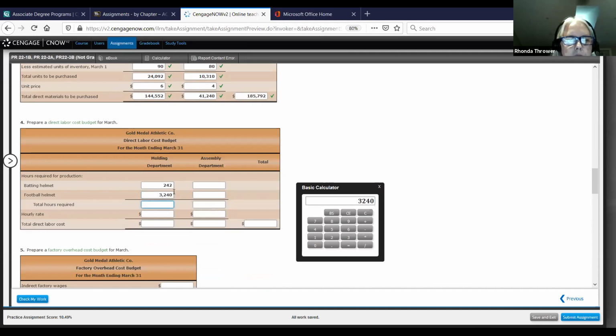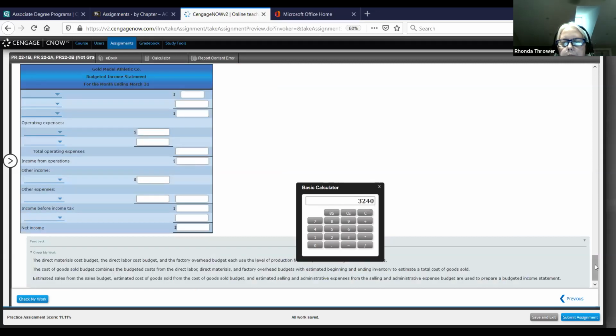And then we're going to combine both hours together for the batting helmets and the football helmets to get the total hours required. And I'm going to check my work just to make sure my math is correct there.